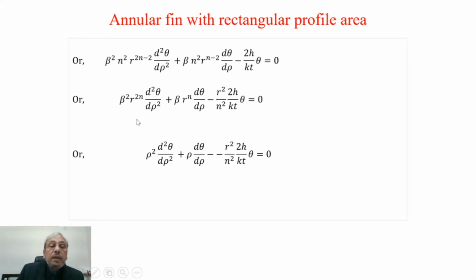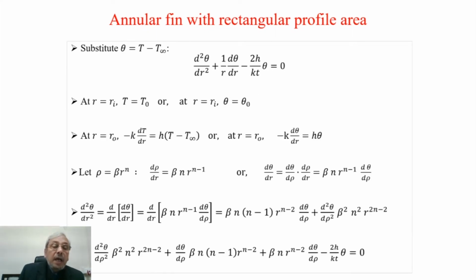We do some further rearrangement of the terms, and finally we get from here beta square r power twice n. If we recall, we substituted beta r to the power n as rho.